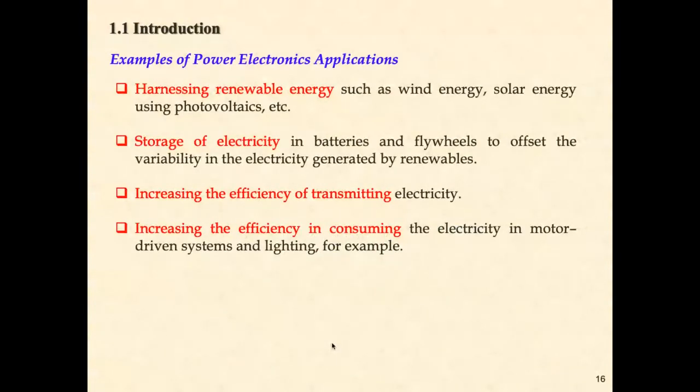Okay, so here I give you some examples of power electronics applications. We usually use power electronics to harness renewable energy. Actually we can say that if you want to use or collect renewable energy, we must use a power electronics interface.